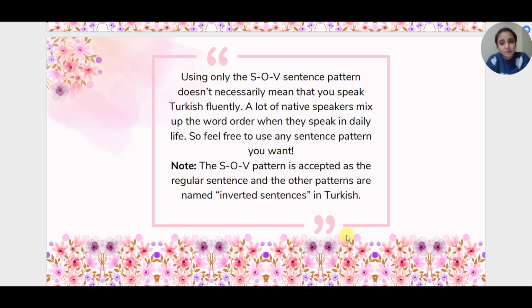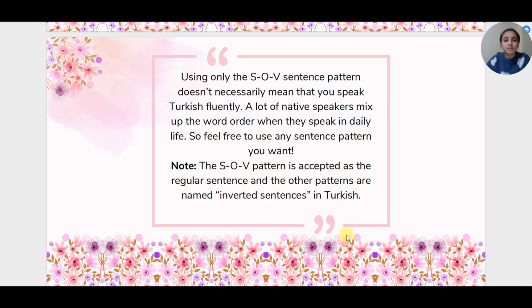A lot of native speakers mix up the word order when they speak in daily life, so feel free to use any sentence pattern you want. Note: the SOV pattern is accepted as the regular sentence and the other patterns are named inverted sentences. We say devrik cümle, inverted sentences in Turkish.